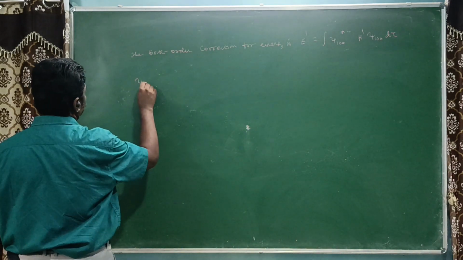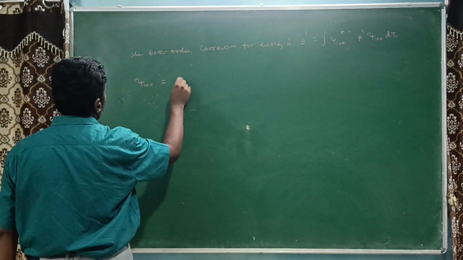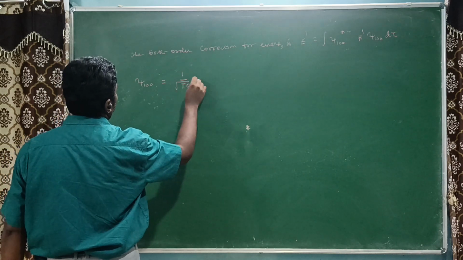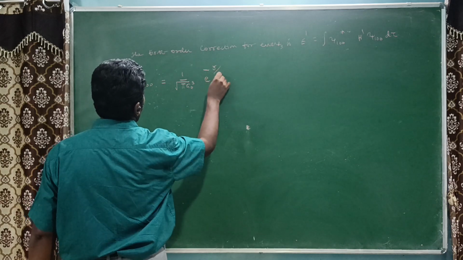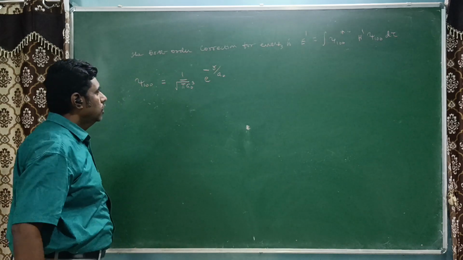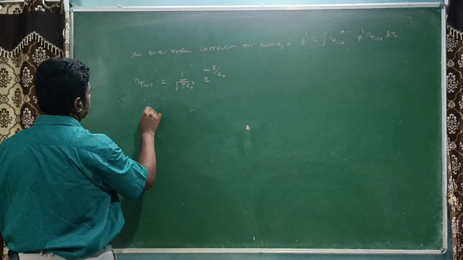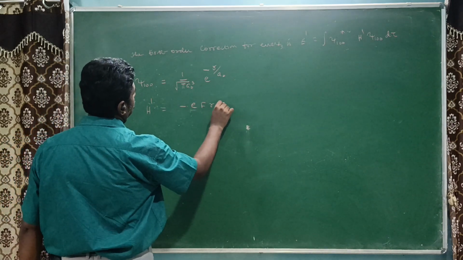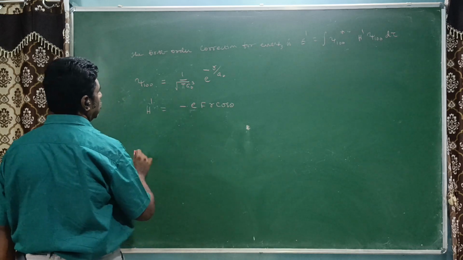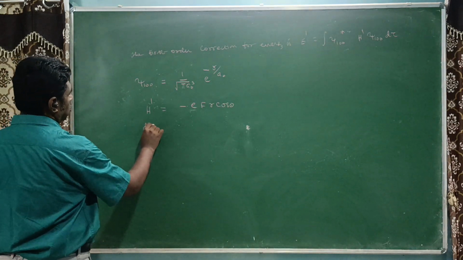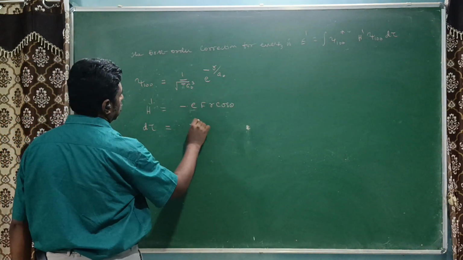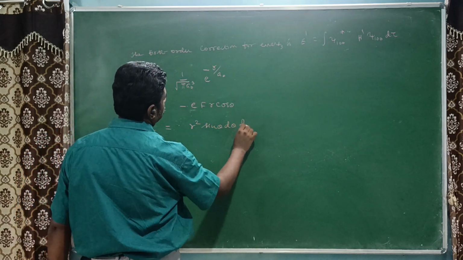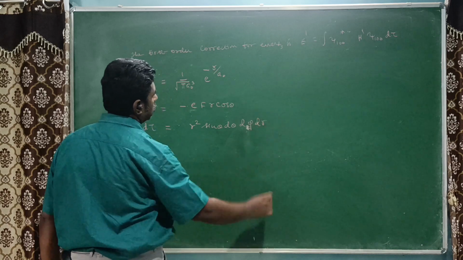Here psi 1 0 0 equal to 1 divided by root of pi a0 cube, e power minus r divided by a0. Then H1 equal to minus e F r cos theta. Then d tau equal to r square sin theta d theta d phi dr.